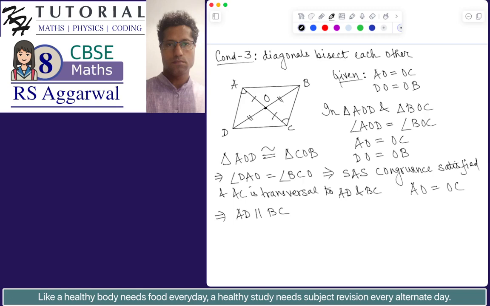Okay. What else can we say? AD is parallel to BC. Also, from the congruence relation, we get that AD is parallel to BC.